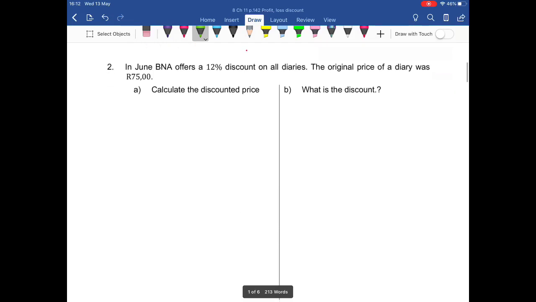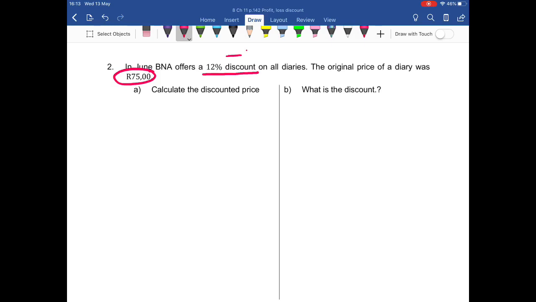Right, the next thing we're going to have a look at is the percentage discount. Discount means you're going to minus. So in June, B&A offers 12% discount on all diaries. The original price of the diary was 75 Rand. So in other words, they are going to take the price and subtract 12% from that.